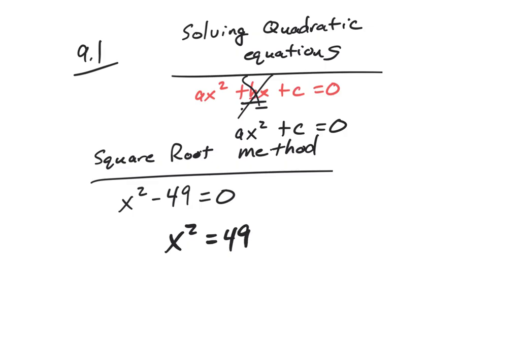And then to get x by itself, what are we going to have to do? Take the square root. So our answer is, not quite.